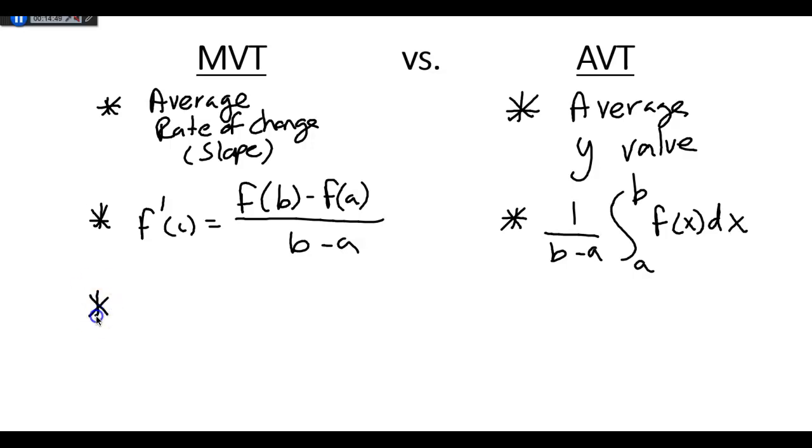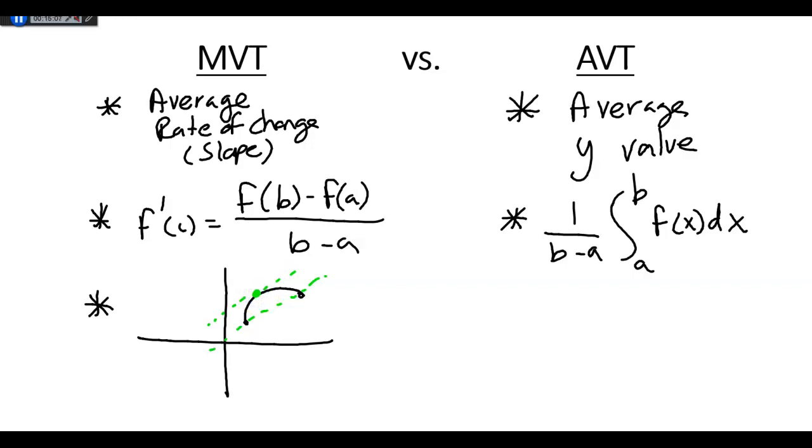The last thing I would encourage you guys to have down in your paper is the geometry of these things. So I would draw this picture to represent the mean value theorem. It's where your tangent line and your secant line are parallel.